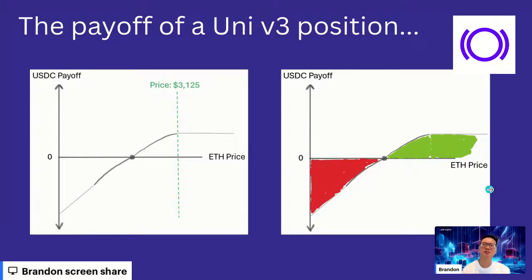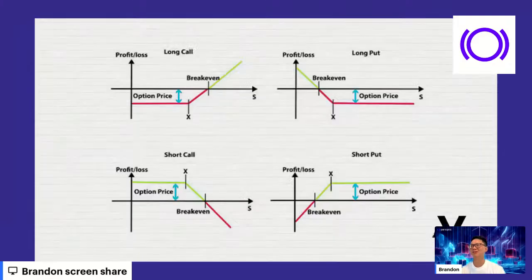Now, what does this remind you of? This payoff curve. Have you ever seen a curve that looks like this one on the right? If you have taken a class before on options, you may have seen charts like this. We have a long call, a long put, a short call, and a short put. There's puts and calls. These are the two basic types of option contracts.